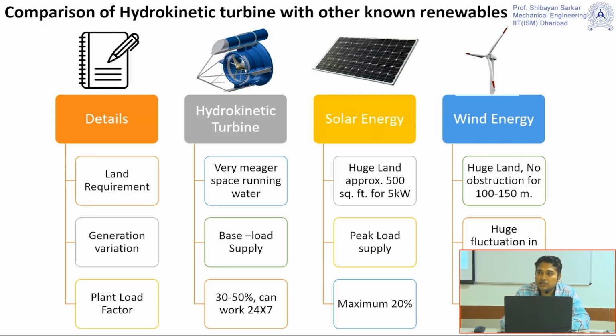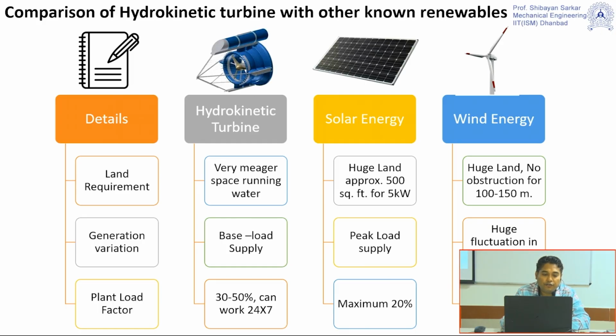But in another sense, when you are installing a hydrokinetic turbine, the land available near the water source must be proper to install that particular turbine. The slope must be there, sufficient elevation must be there, or otherwise you need to excavate those parts in order to prepare this for the hydrokinetic turbine installation setup.